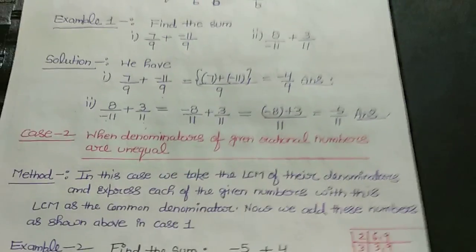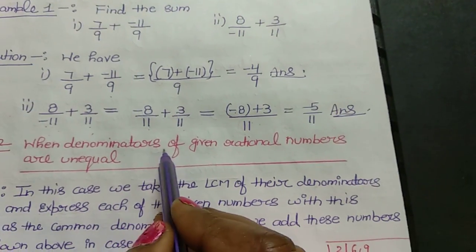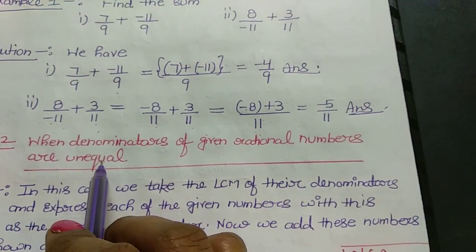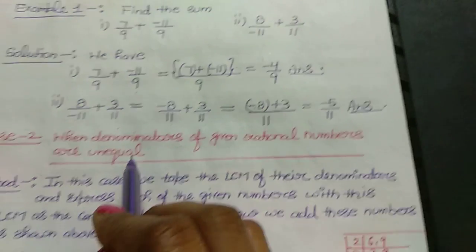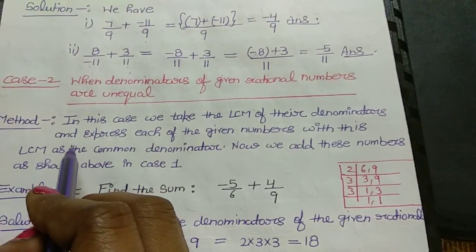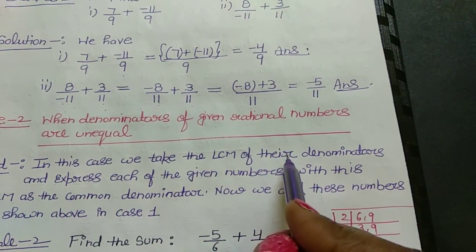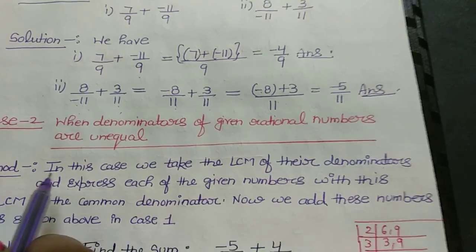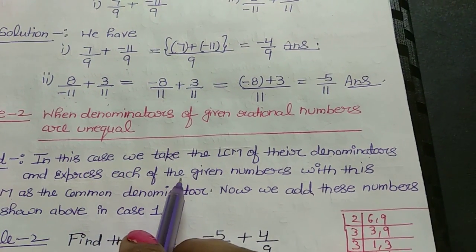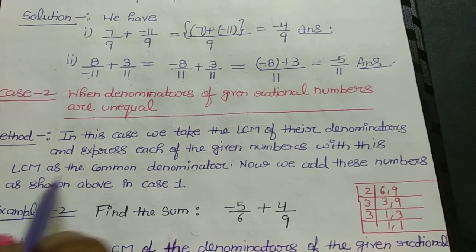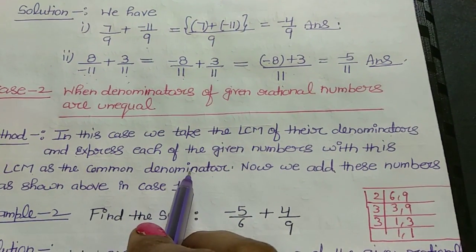Now the second case, when the denominators of given rational numbers are unequal. Then the method says that we take the LCM of their denominators and express each of the given numbers with this LCM as the common denominator.